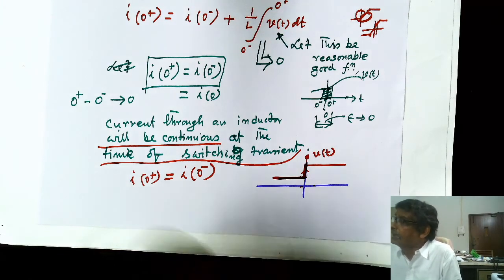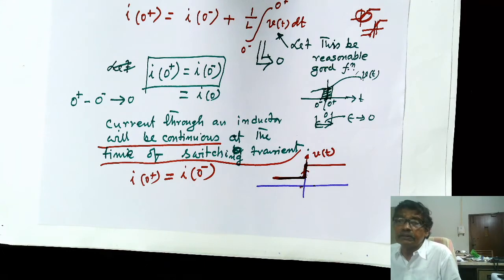If the supply voltage is a reasonably good function, can there be any supply voltage you can think of which may cause I0 minus and I0 plus to be not equal? Yes, there exists some voltage function. Of course, some crazy voltage function.